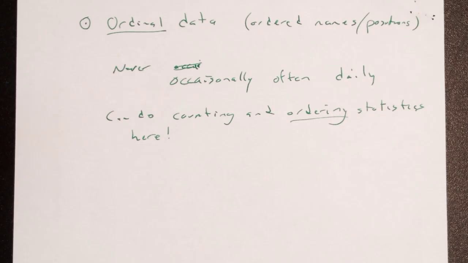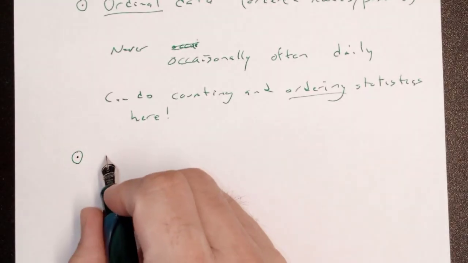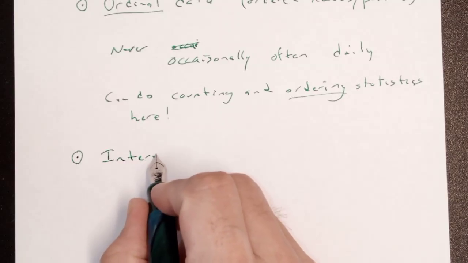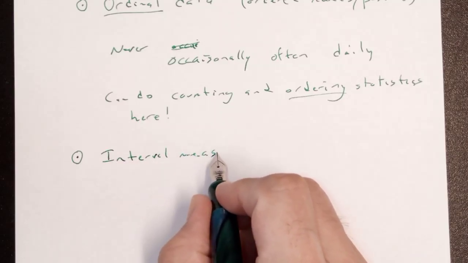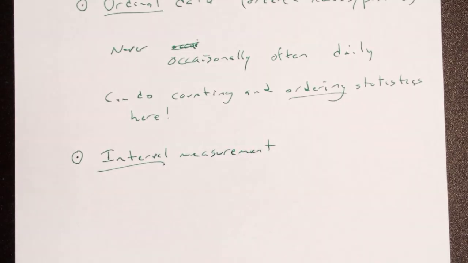I just don't know what it is. But if I do know what that gap is, well, now the distance between the rankings means something. Things like a Likert scale, right?